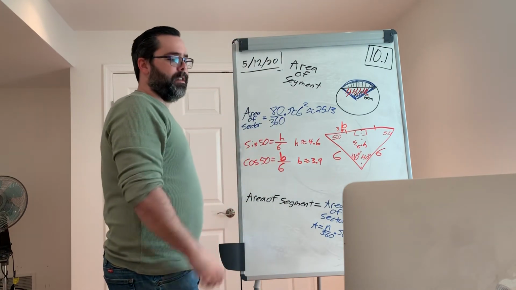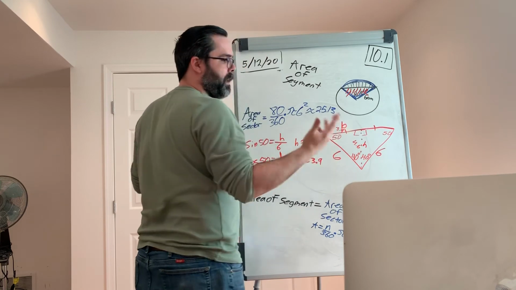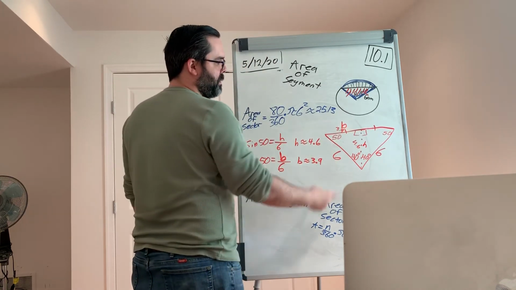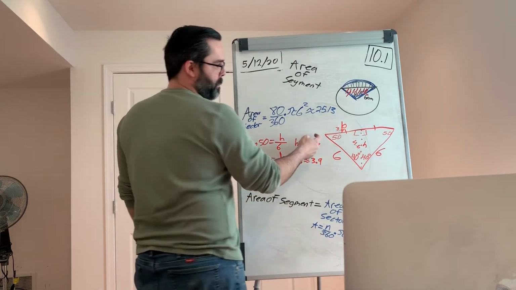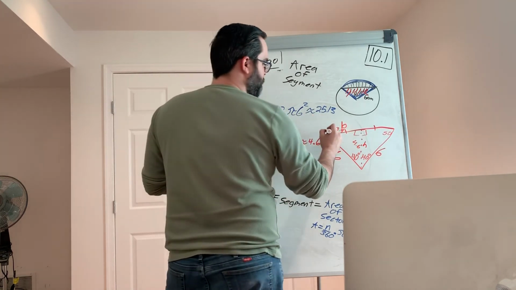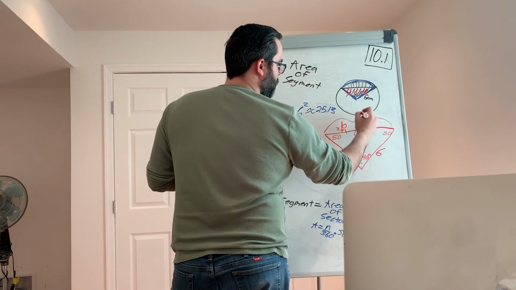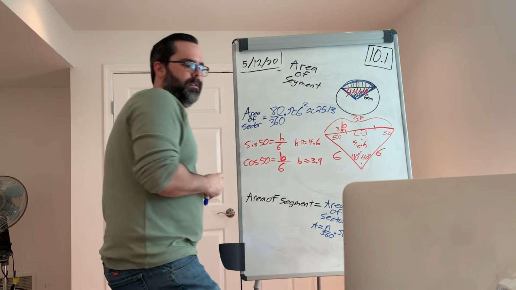So what is the area of this triangle? It's the whole base times the height divided by 2. So we need to do 3.9 times 2 because we need the whole base. So that is 7.8 times the height divided by 2.